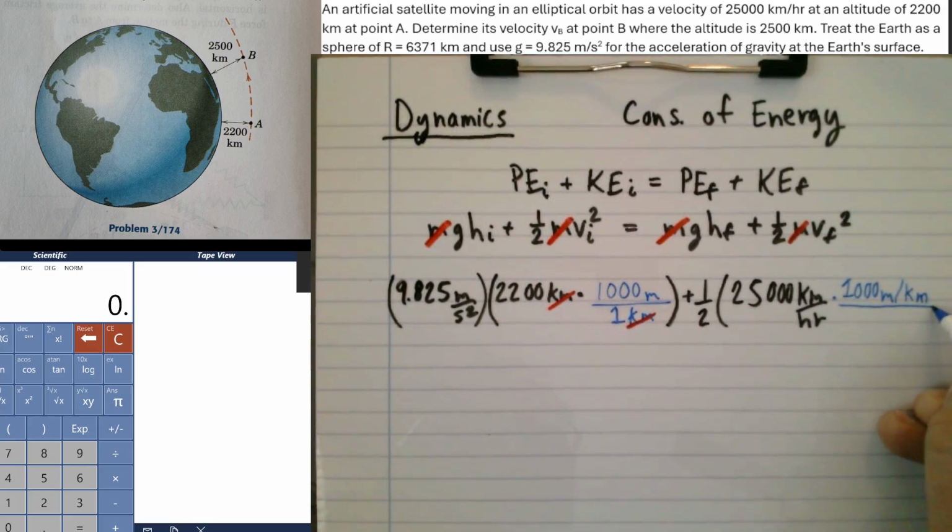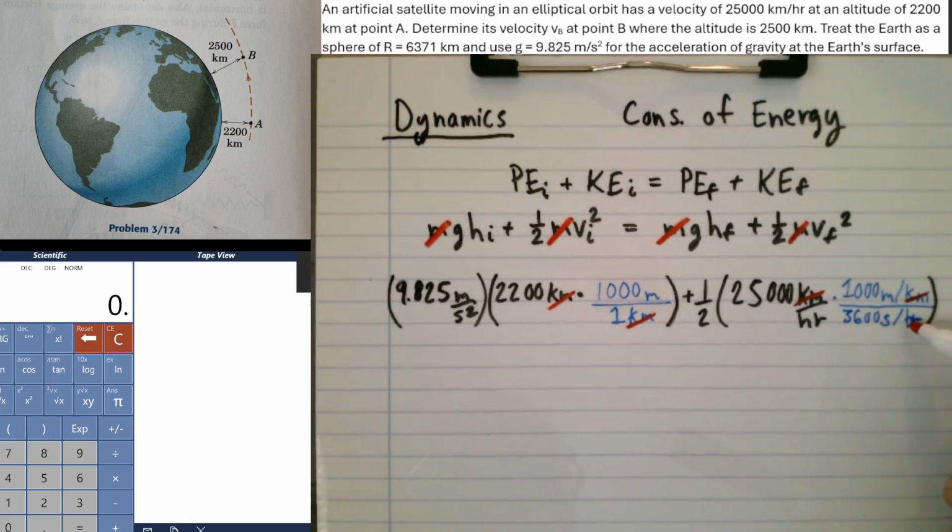We're also going to divide by 3,600 seconds per 1 hour. So this will get us to meters per second. As you can see, kilometers per kilometer cancels.